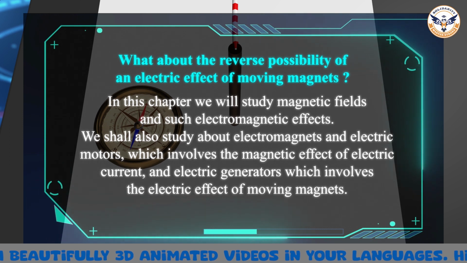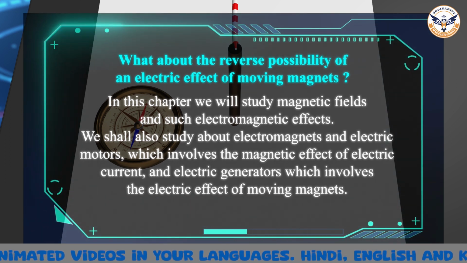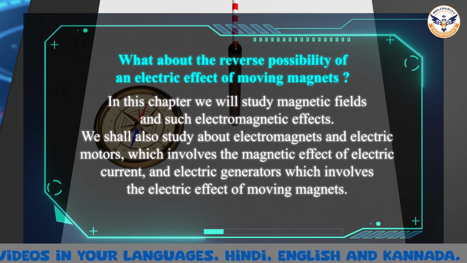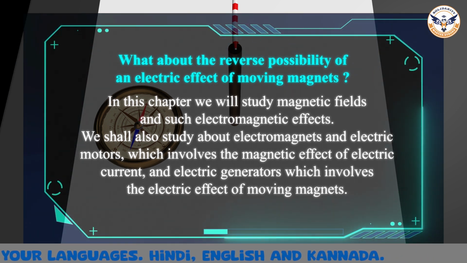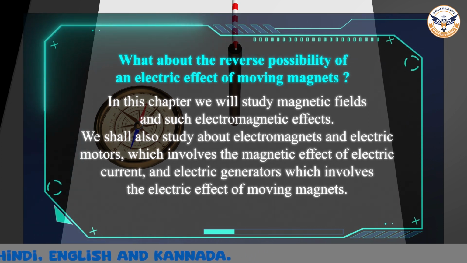In this chapter, we will study magnetic fields and such electromagnetic effects. We shall also study electromagnets and electric motors, which involve the magnetic effect of electric current, and electric generators, which involve the electric effect of moving magnets.